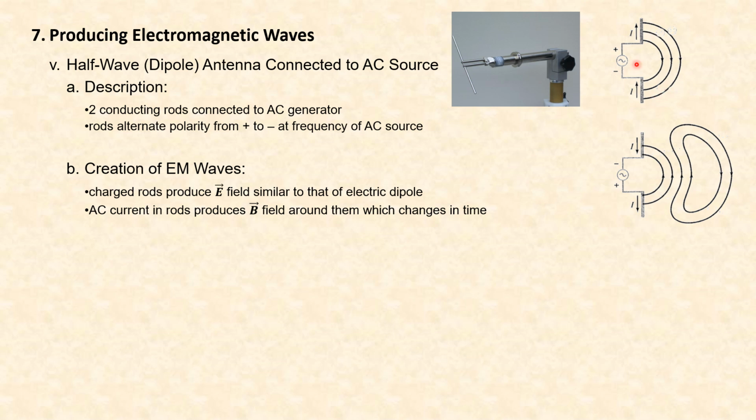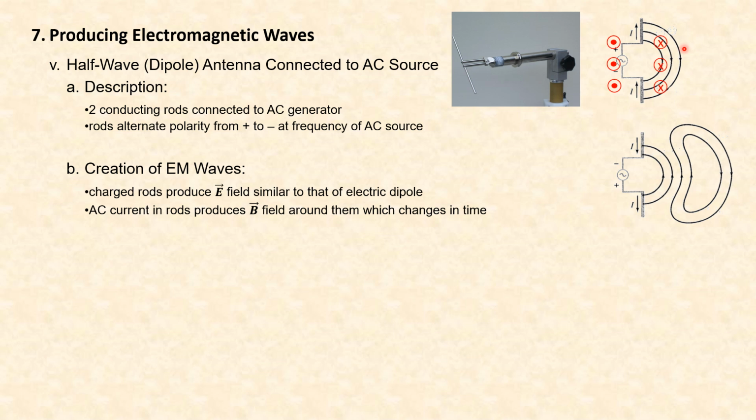Also notice that these rods with changing current also produce magnetic field lines around them. For the top picture right here, where the conventional current is upwards, hopefully you would agree that these magnetic field lines that encircle the rods should be directed like this.